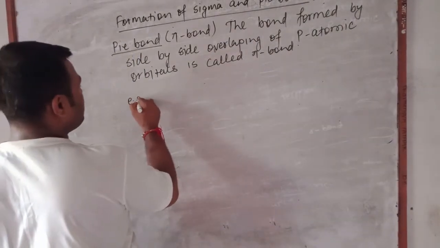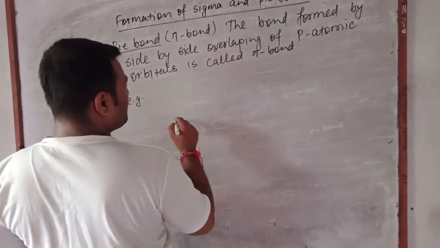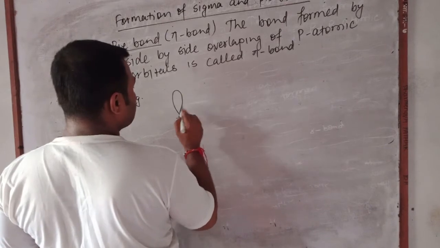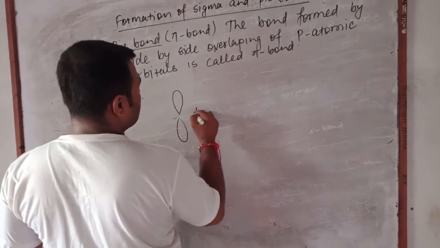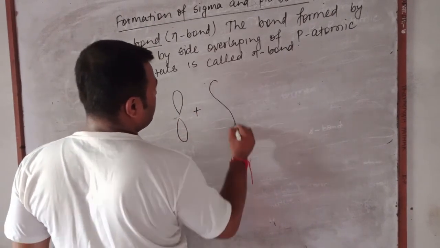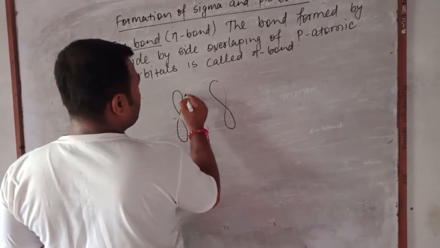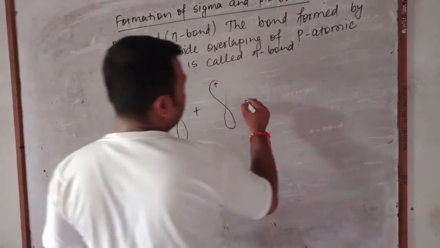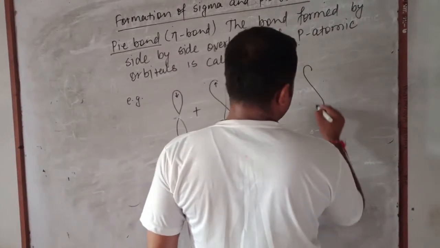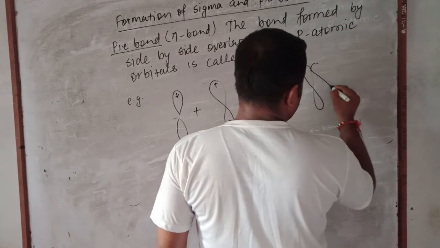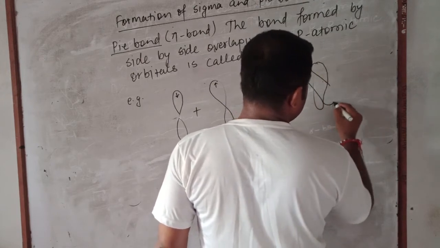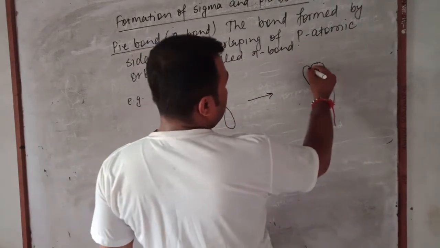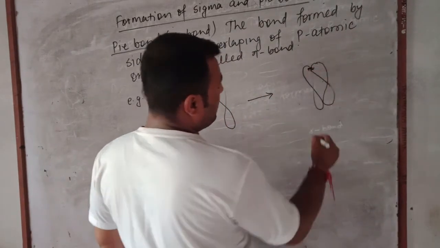As for example here, when there are two atomic orbitals and these atomic orbitals overlap, the overlapping is like that, and it causes a molecular orbital to be formed.